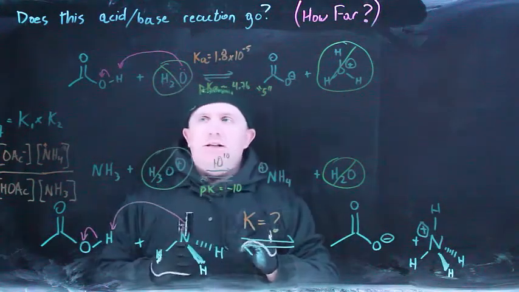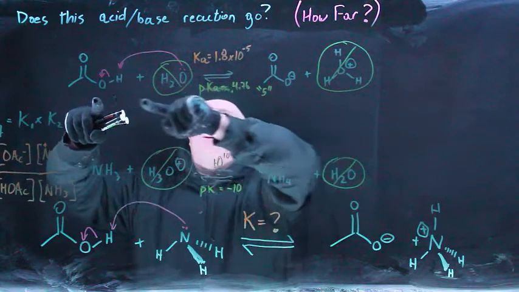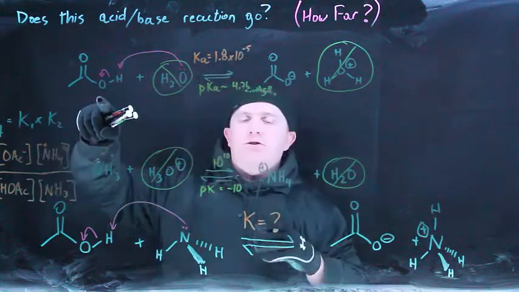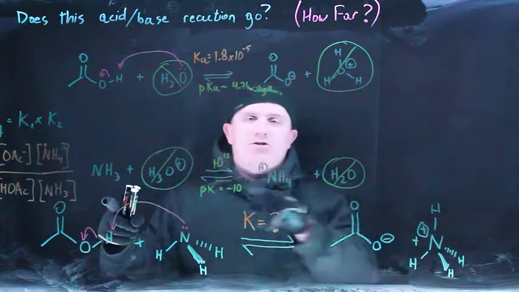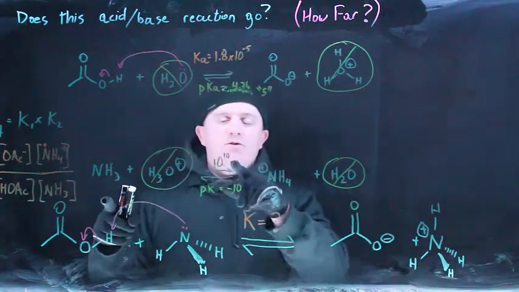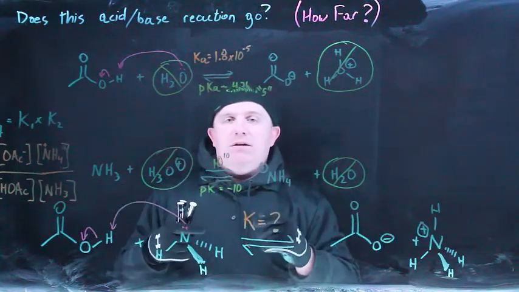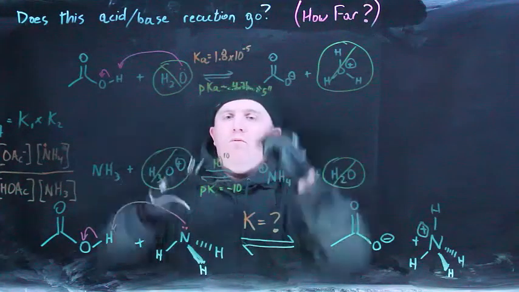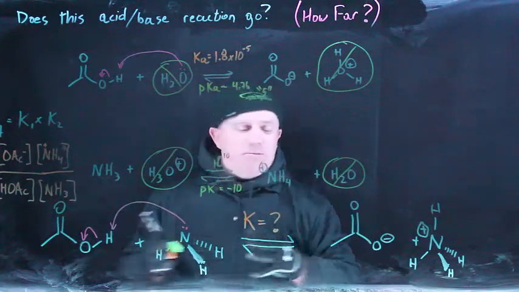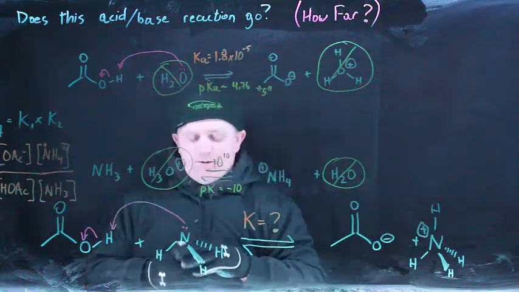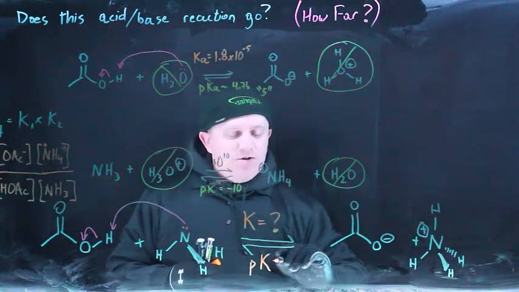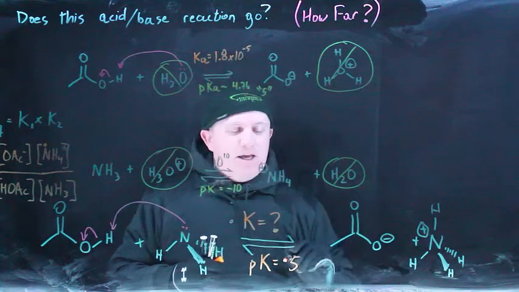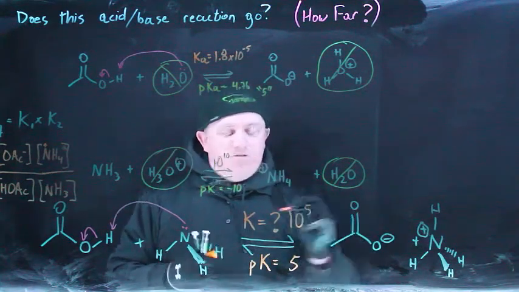Intuitively, what I want you to realize is this. This reaction is extremely unlikely to happen, to the tune of 100,000 in the wrong direction. However, this reaction is extremely likely to happen to the tune of 10 billion in the right direction. So, what happens when you add these two together? What happens when you multiply the two reactions times each other? This reaction is very likely to happen to the tune of 5 pK units, which is to say 10 to the 5th or so.